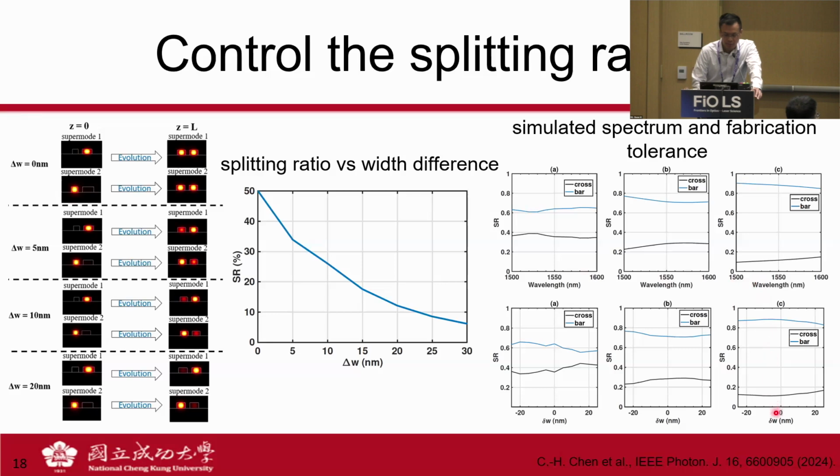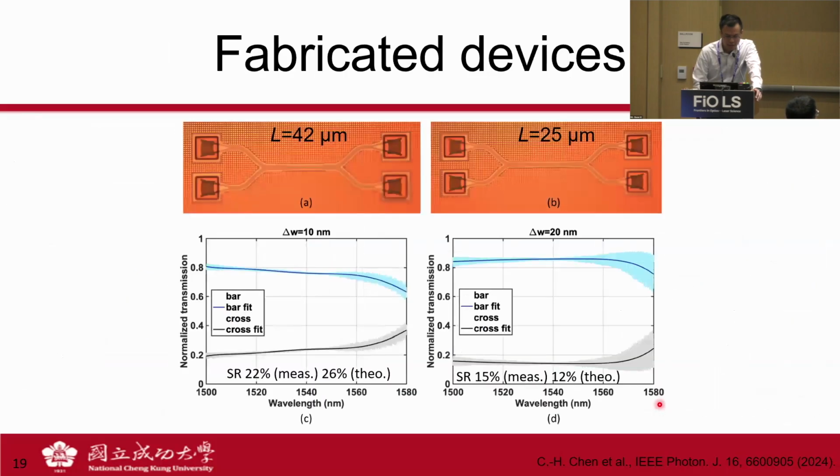And at the bottom, if we consider the fabrication error, which causes different variations in width, you can see these devices are pretty robust. So here again are the fabrication results. We made different devices, and you can see the measured average splitting ratio is close to the theoretical value, and they show a pretty flat spectral response.